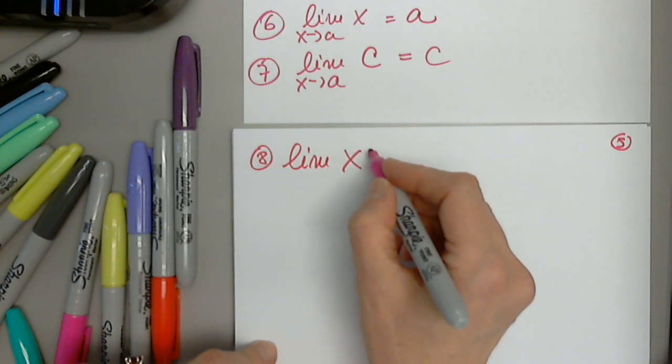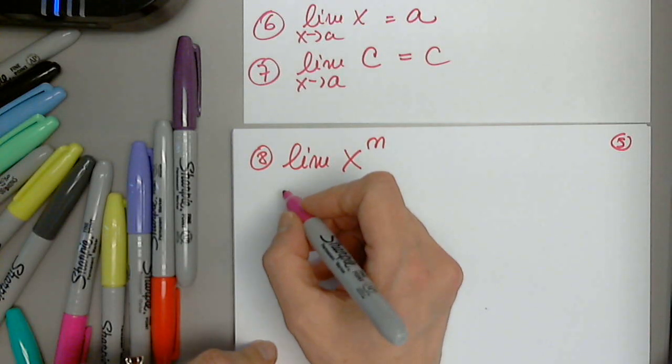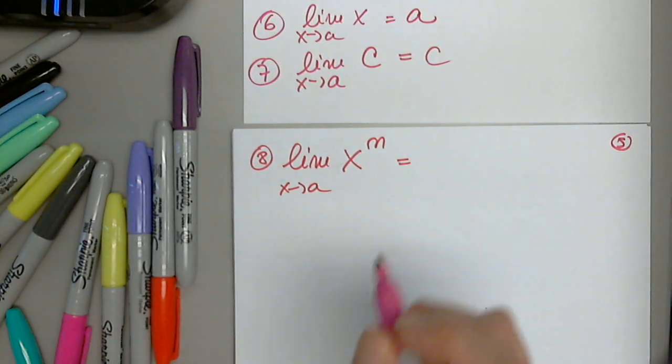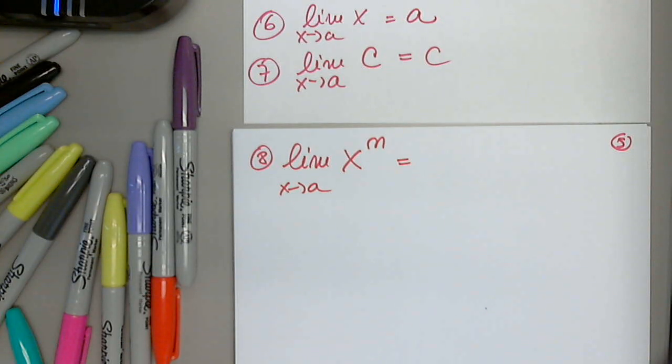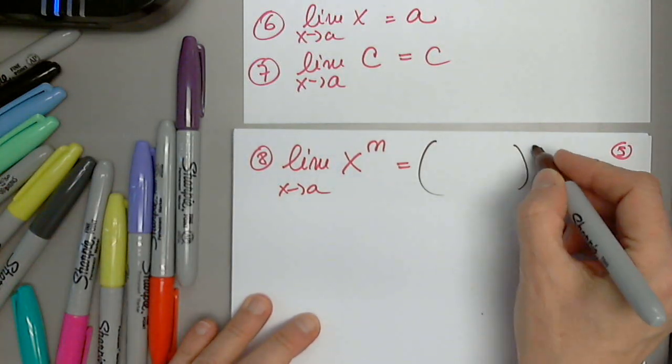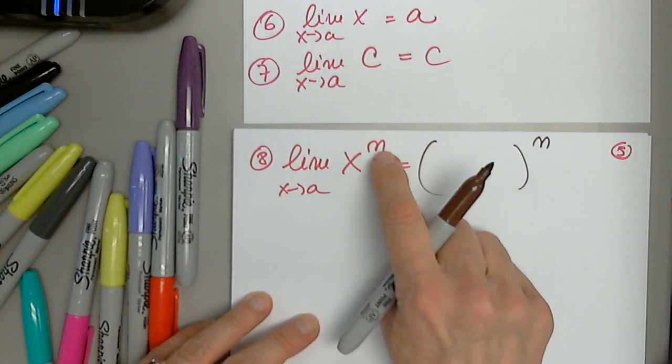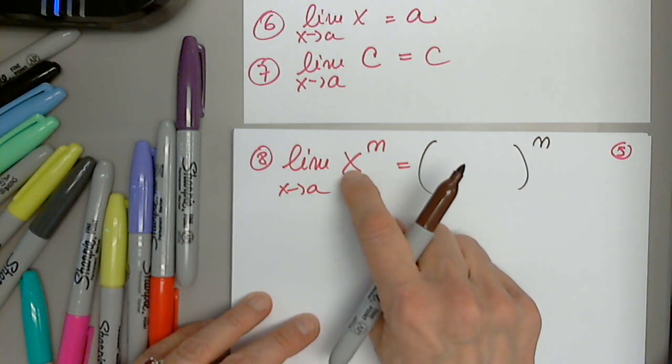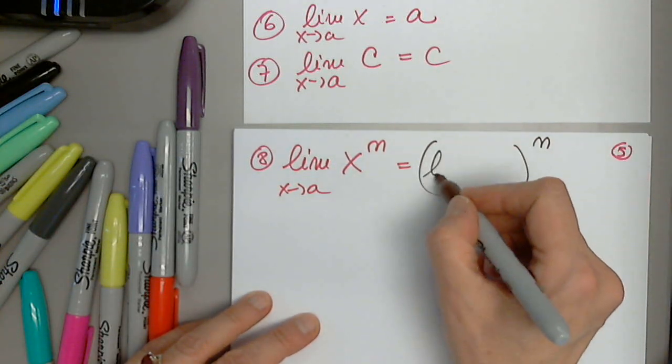Next one. The limit of x to the power n as x approaches a. What do you think this is? Pull the n out, exactly. So it's again a swapping of the two operators. The operator power n was inside, touching x, and now it's outside, touching the limit.